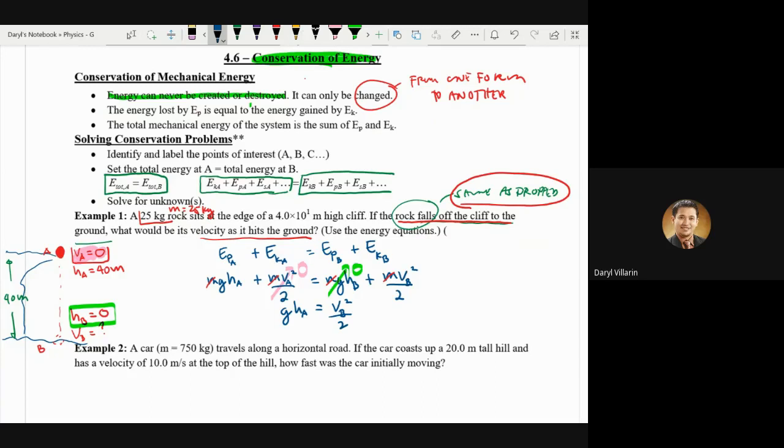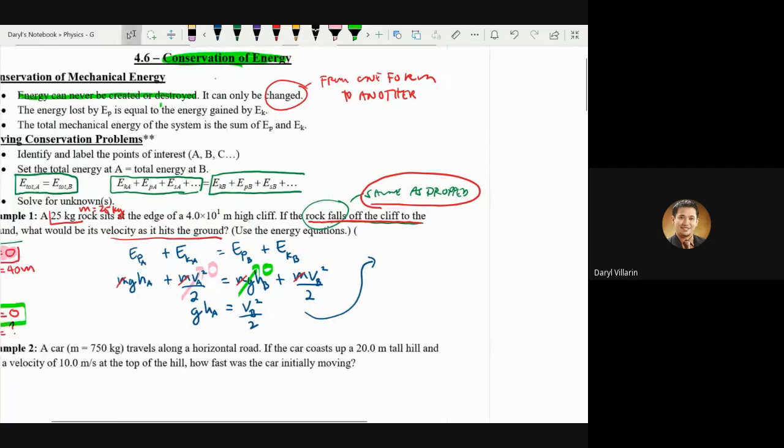GHA is equal to V sub B squared divided by 2. And if you're solving, again, we want to solve for V sub B. So that is just equivalent to 2GHA is equal to V sub B squared. Well, you have a square there, so you take the plus and the minus.